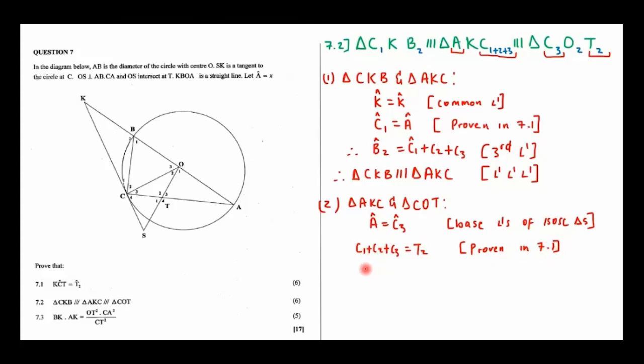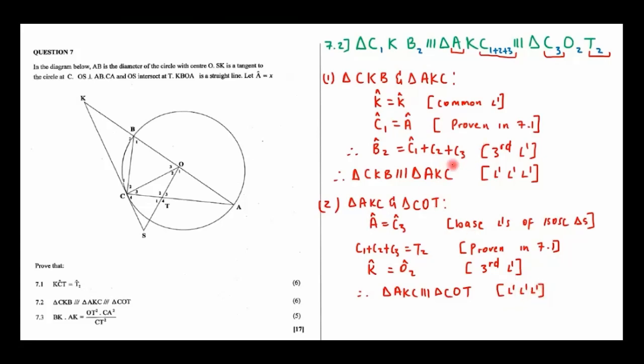Therefore, angle K is the same as angle O2, and that is the third angle. From there we say triangle AKC is similar to triangle COT, and that was angle, angle, angle.